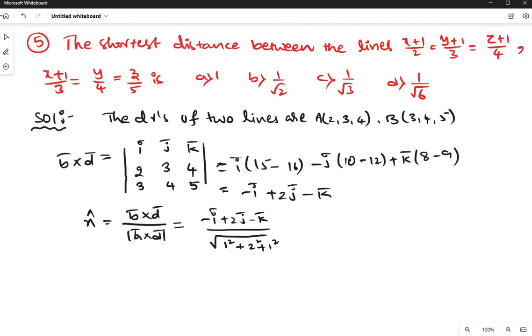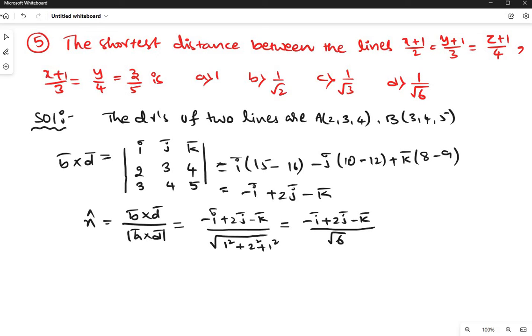So n cap is minus i plus 2j minus k by root 6.